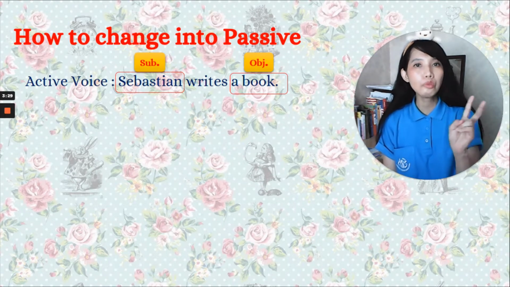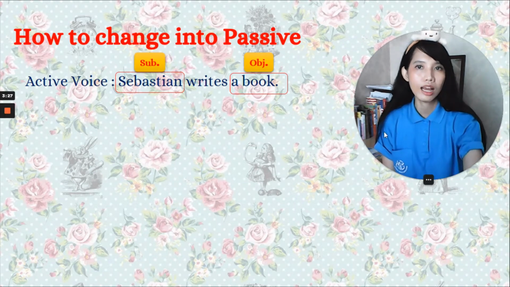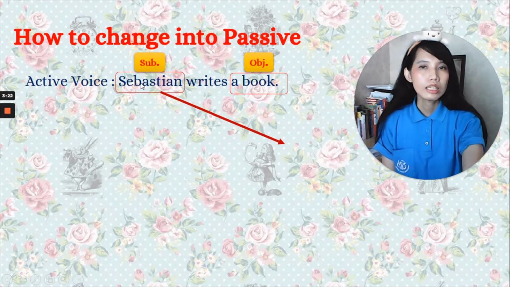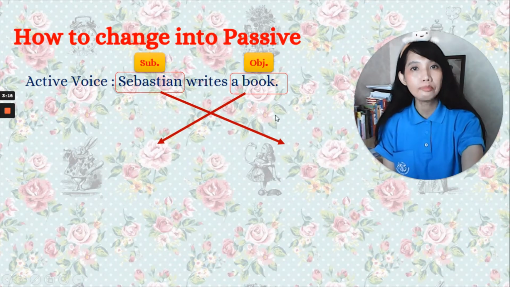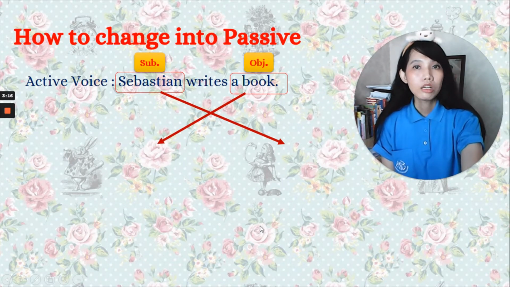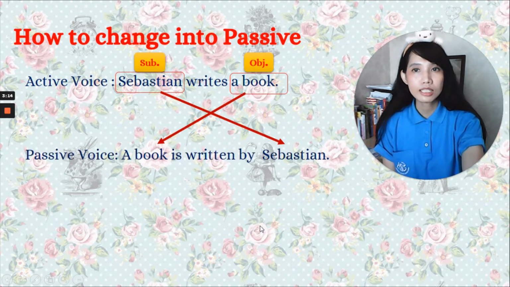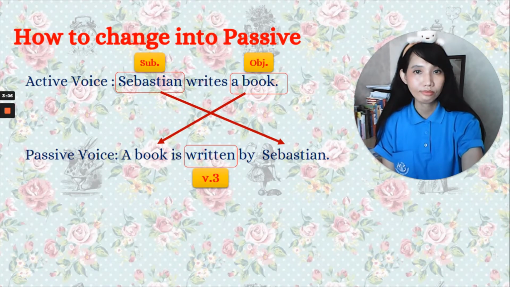We're going to switch object and subject like this. We're going to change Sebastian into the object and a book into the subject. So the passive form is like this: A book is written by Sebastian. And don't forget verb 3.